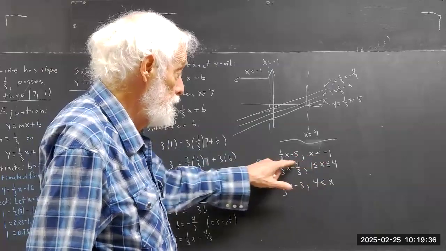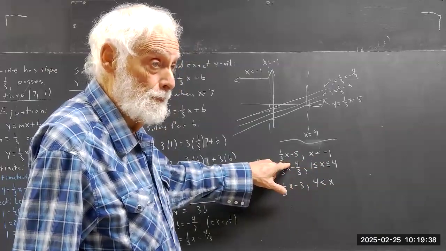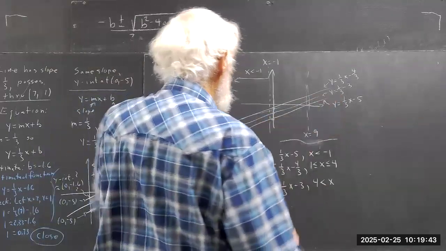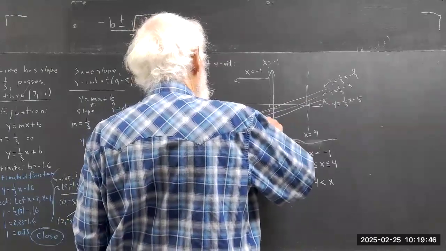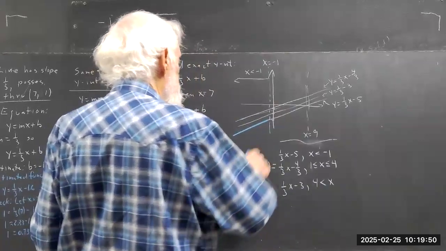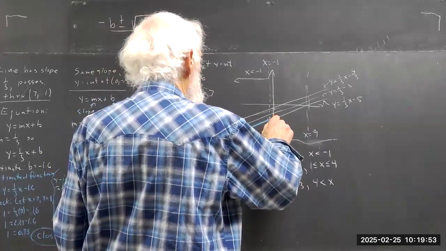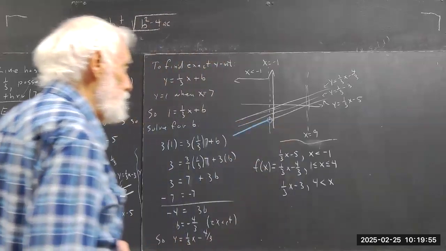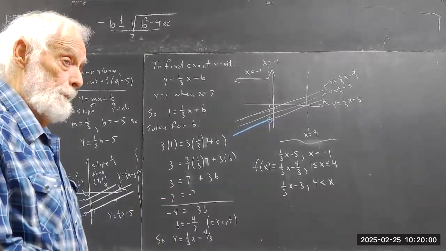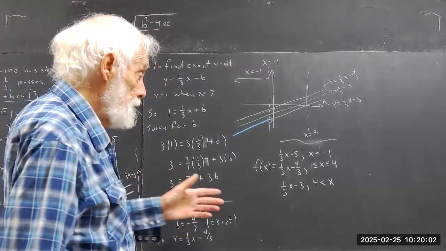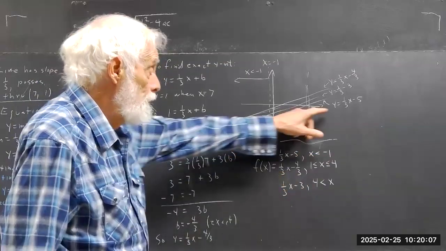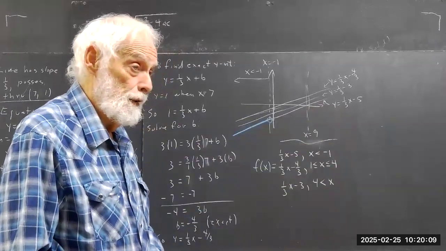Whenever x is less than -1, I follow the graph of this. Okay, so 1/3 x minus 5, that's this graph. I'm going to include the point where x equals -1. I put an open circle around it. Okay. So I've done just what it says. When x is less than -1, I follow the graph of y equals 1/3 x minus 5.